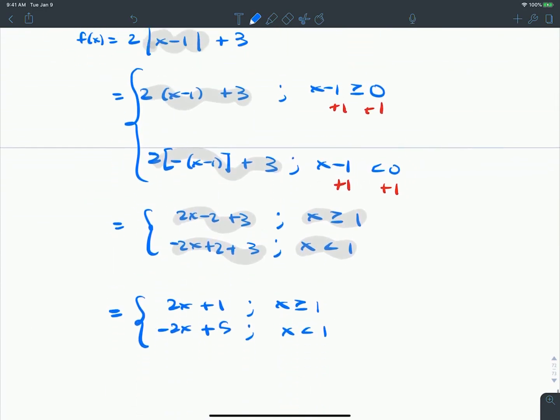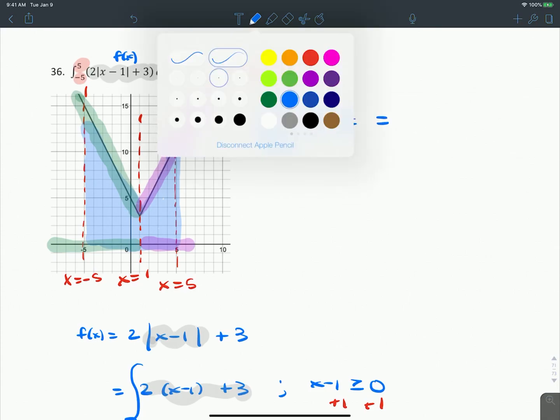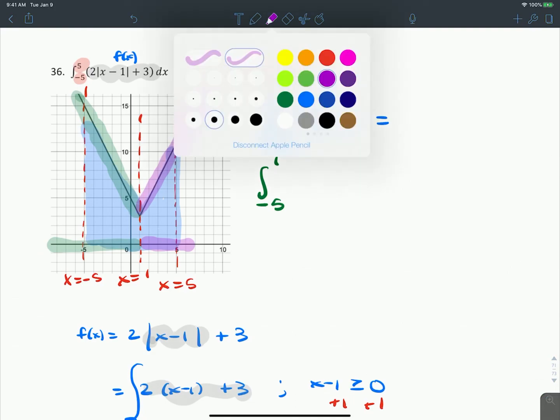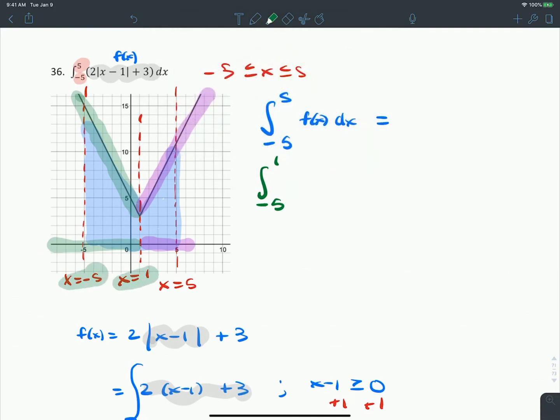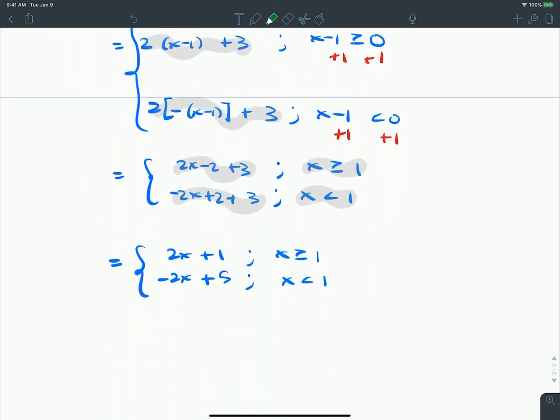So let's set up these integrals here. Originally, you're integrating from negative 5 of that function, and to the left here in green, we go from negative 5 to positive 1, and that to the left there is the function negative 2x plus 5.